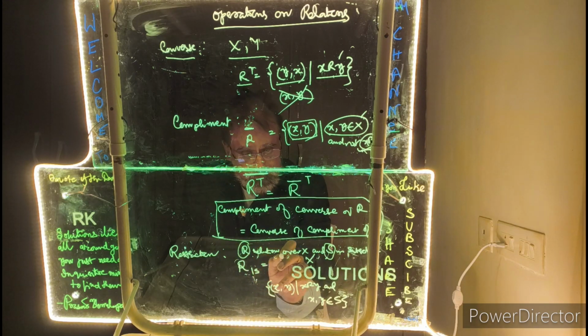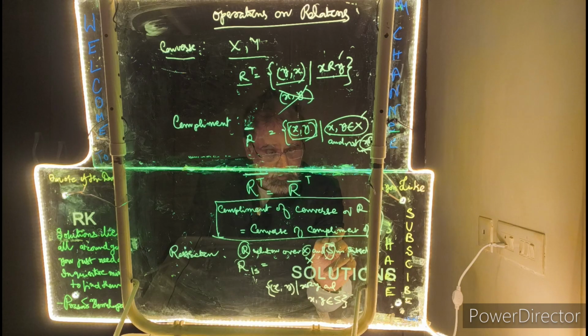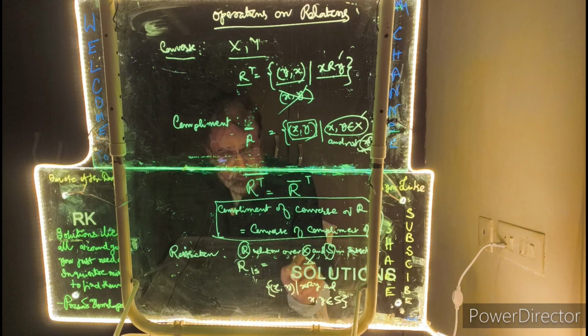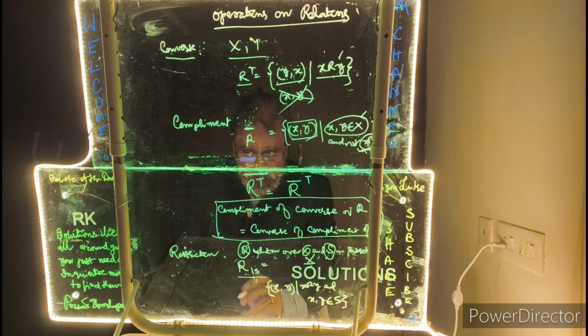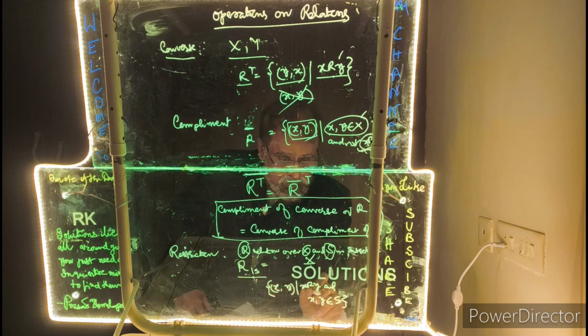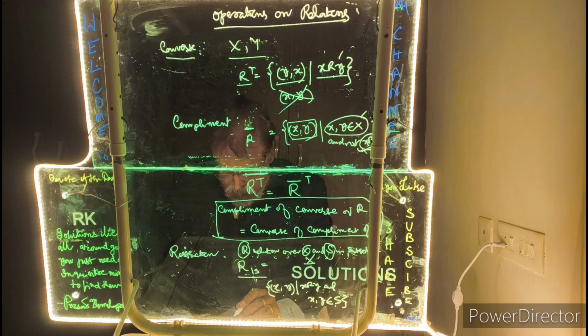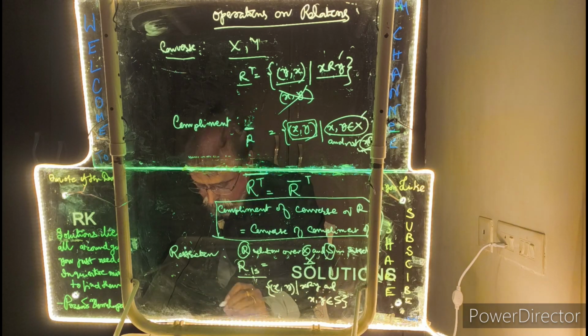R is a relation over X, and S is a subset of X. Then the restriction of R is this one: it contains ordered pairs (x, y) such that x is related to y and both x and y belong to S. S is nothing but a subset of X.